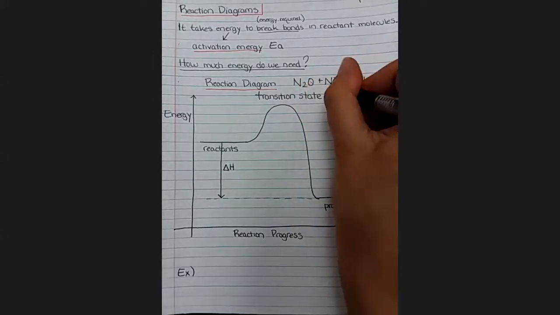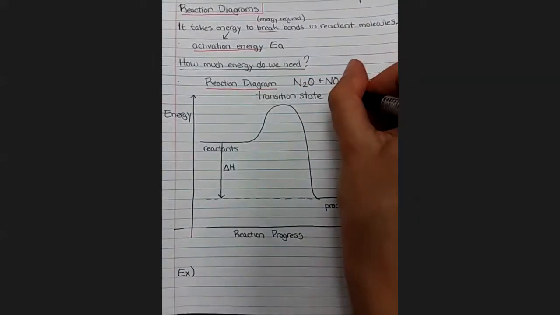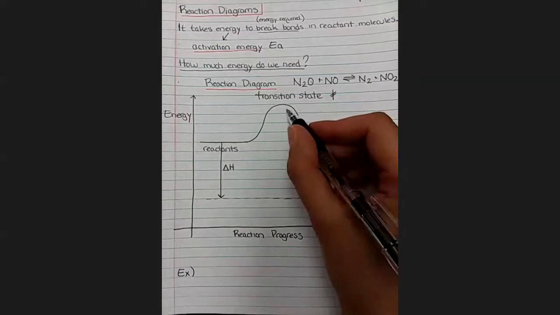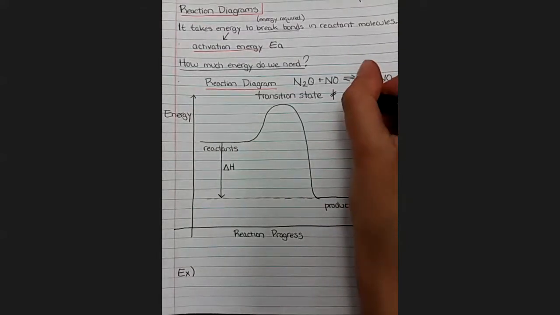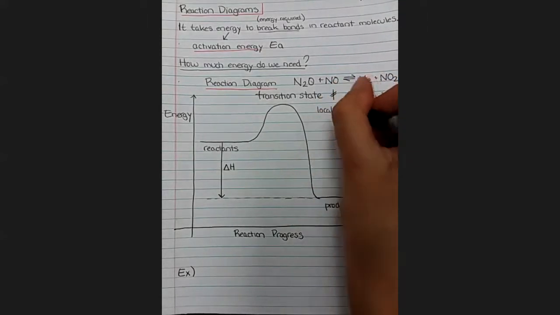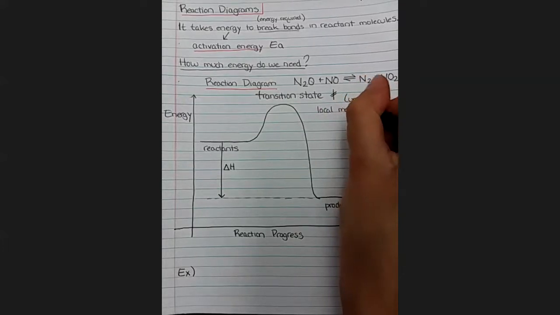Sometimes we use this symbol, a line with two sort of sideways slashes through it. We call that the double dagger. This indicates that this maxima is unstable. The transition state is always at a local maximum.